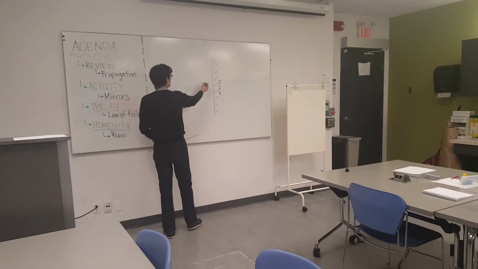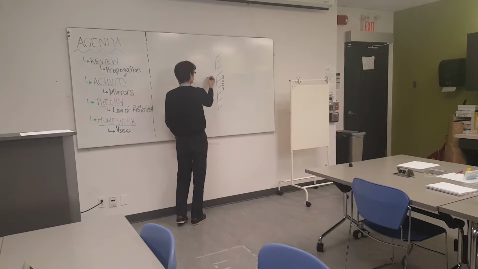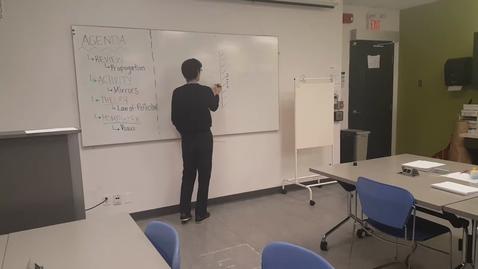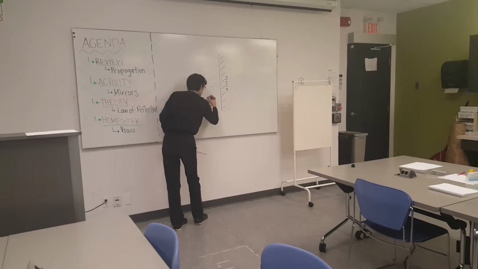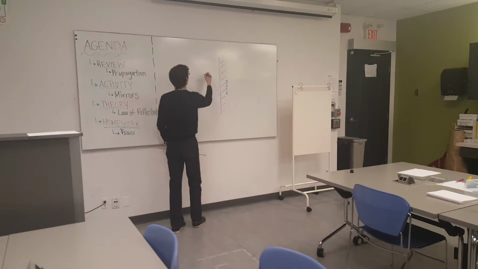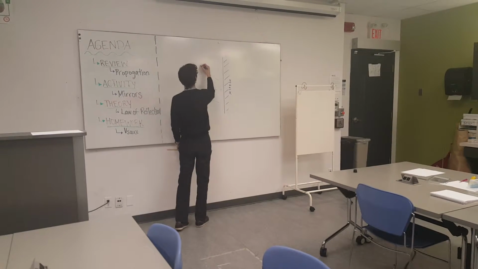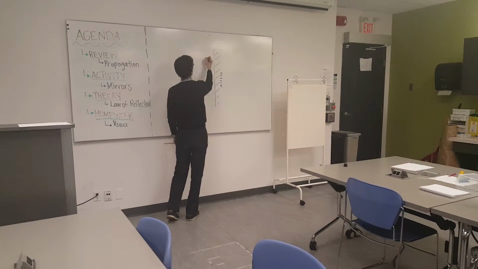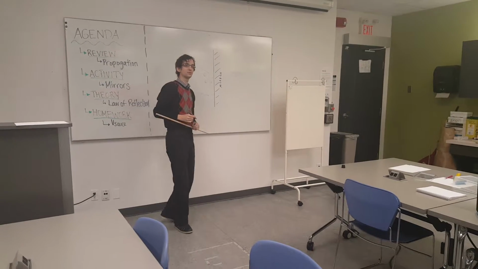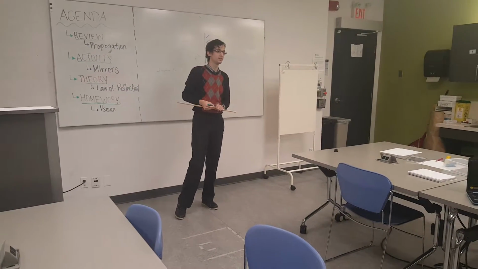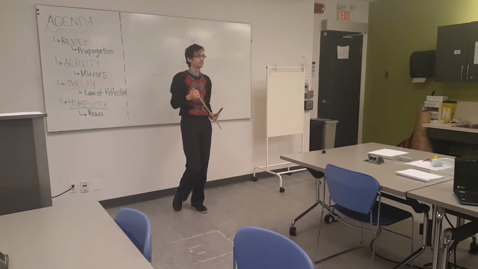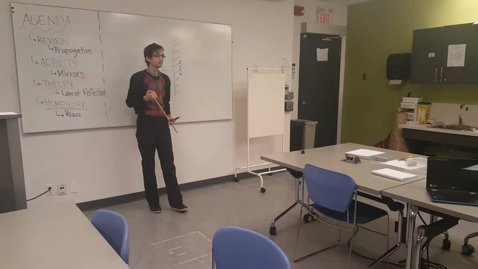Now, mathematically speaking, we look at these two angles here. This angle we call the incidence angle. And this angle here we call the angle of reflection. So what did everyone see when they did the activity? Yes? The angles were the same.